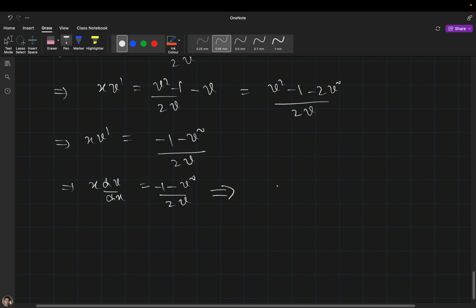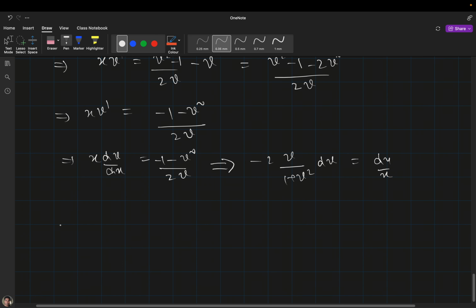Then this differential equation will become minus 2v divided by 1 plus v square dv equal to dx by x. Is it fine? Tell me. Now integrate both sides. You will get the integral of 2v dv divided by 1 plus v square, and clearly you can see it is nothing but ln x plus c.